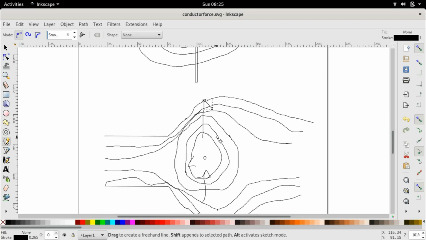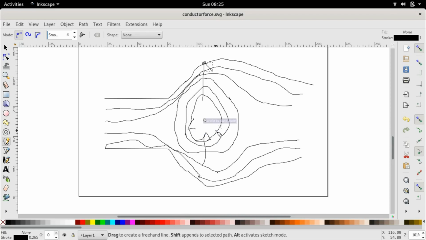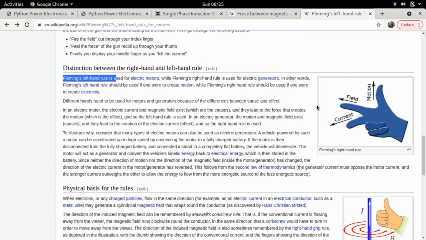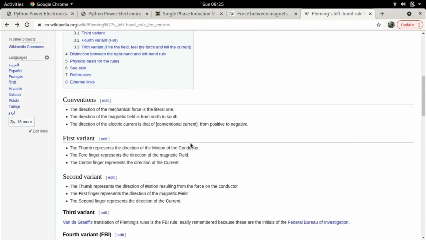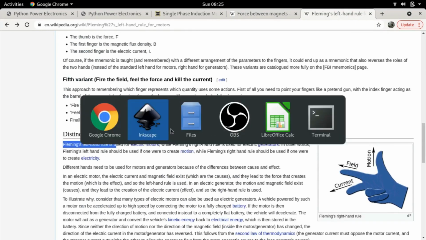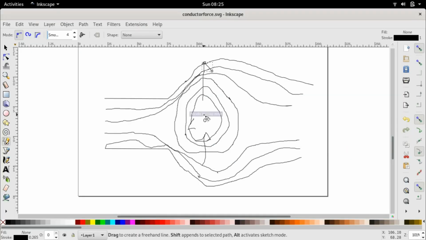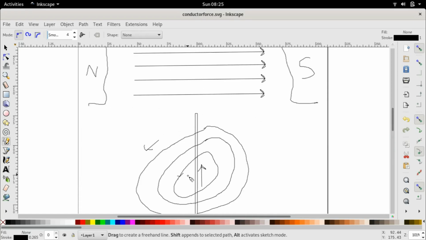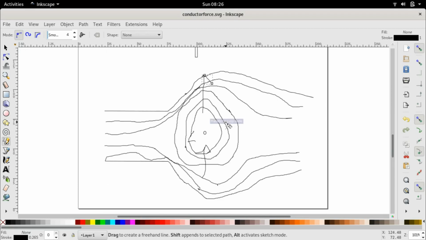The reason for doing all this is that I didn't want to jump straight and show you this Fleming's left-hand rule. Rather, I wanted to show that this rule is basically nothing more than just a conclusion of different cases of how, if you place different types of conductors, let's say current carrying conductors, in external magnetic fields, in each and every case we can map out how the magnetic field will look like.